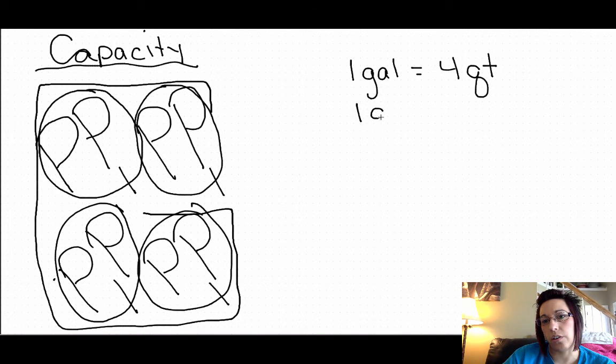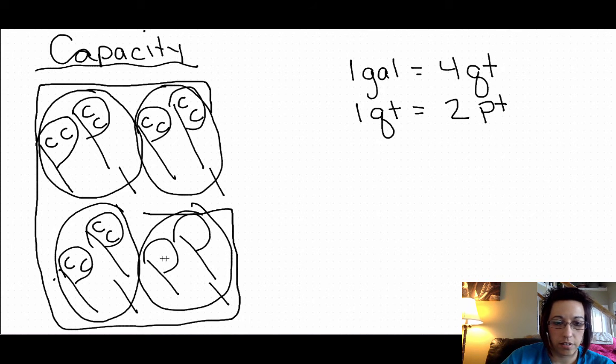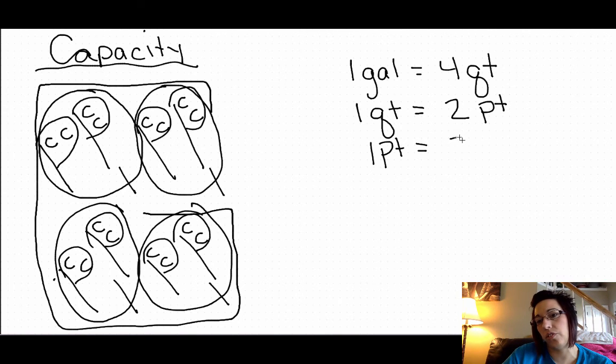Inside of each quart, we put 2 pints. So 1 quart equals 2 pints. Inside of each pint goes 2 little cups. So 1 pint equals 2 cups.